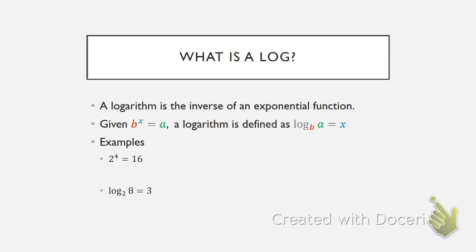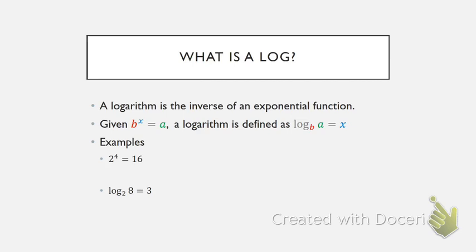The way it works is we have, given b to the x equals a, so given an exponential equation, a logarithm is defined as log base b of a equals x. All that means is they are color-coded for a reason.